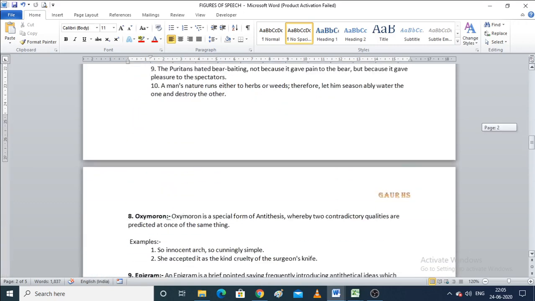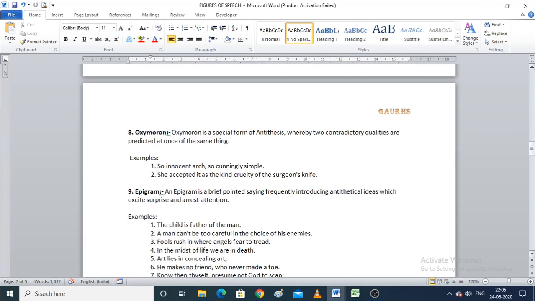Now the next one, which is oxymoron. Now what is it? It is a special type of antithesis whereby two contradictory qualities are predicated at once of the same thing. It includes contradiction.